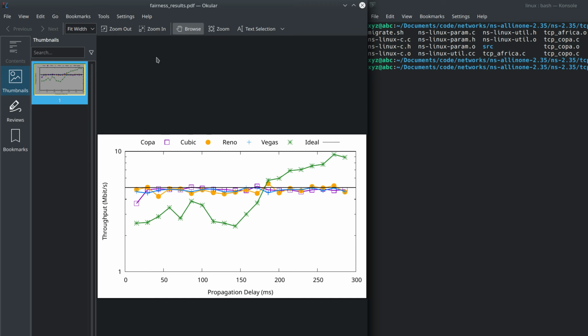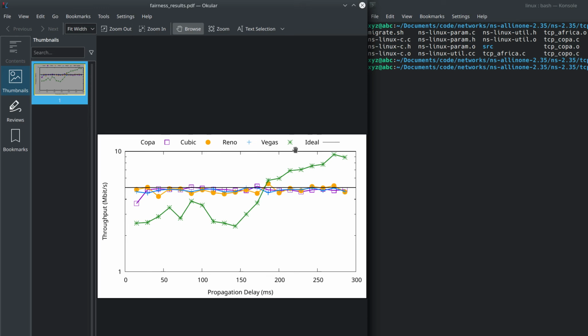in an ideal case, the throughput for each one of the flows should be 100 over 20, which is 5 megabits per second. So we can see here the black line lies exactly at 5 megabits per second. And we can see Copa, Cubic, and Reno are very fair. The allocations are very close to the ideal one.